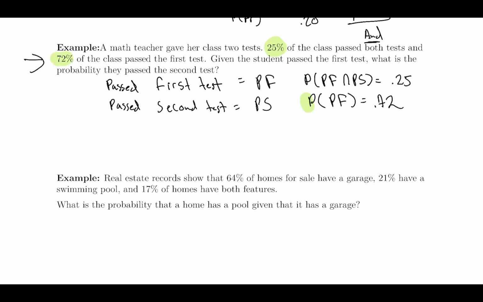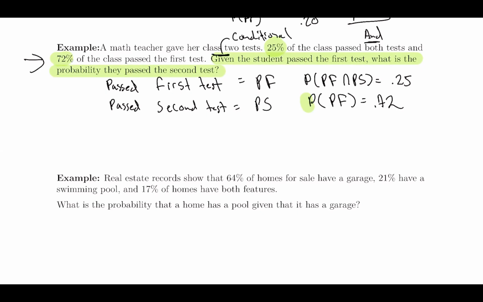All right. So let's look at the last sentence. It said, given the student passed the first test, what is the probability they pass the second test? So right here, what are the keywords that tell me this is the conditional probability? Perfect. Good job, Stephanie. It's the "given." Given is automatically telling me this is the conditional probability.